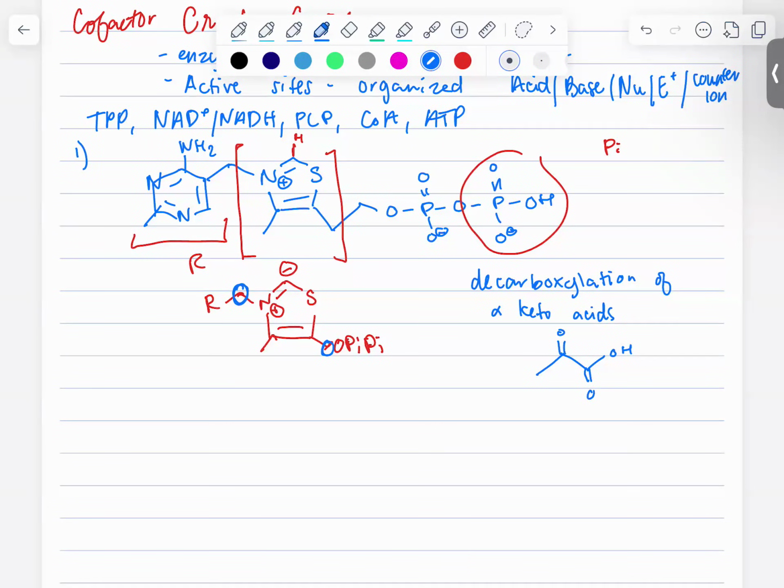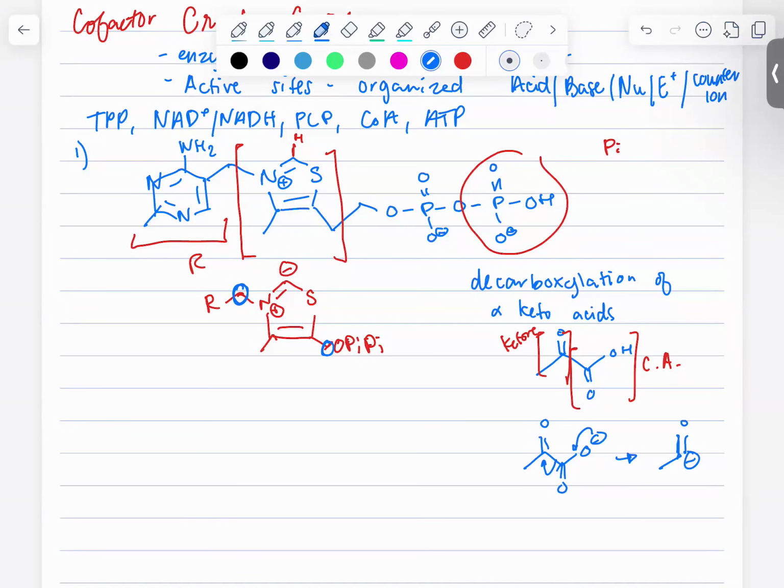We have two functional groups here that are right next to each other. What are those two functional groups? A ketone and a carboxylic acid. So an alpha keto acid basically means a ketone is next to a carboxylic acid. And when we are going to decarboxylate that, if we were to draw out our curly arrow, we would end with this carbanion.